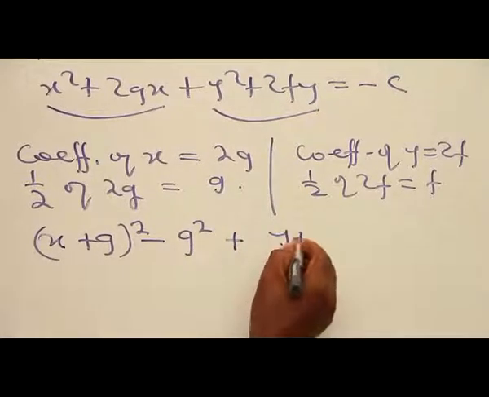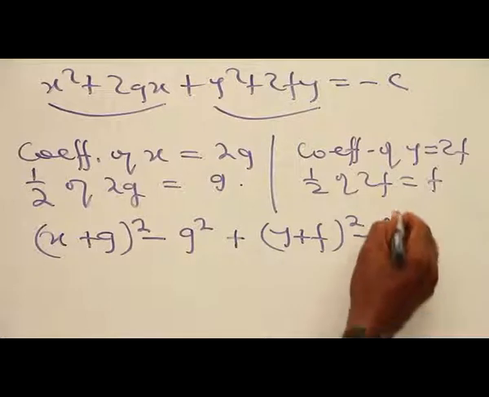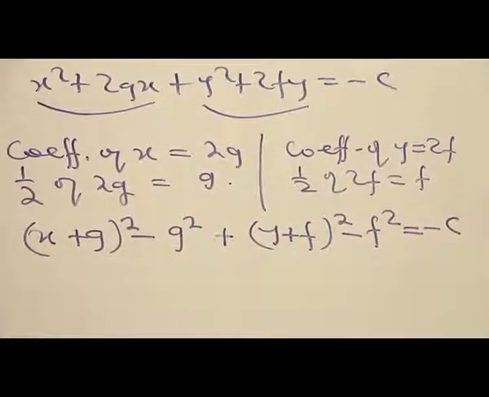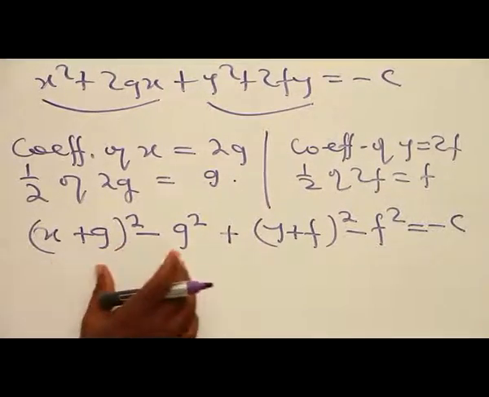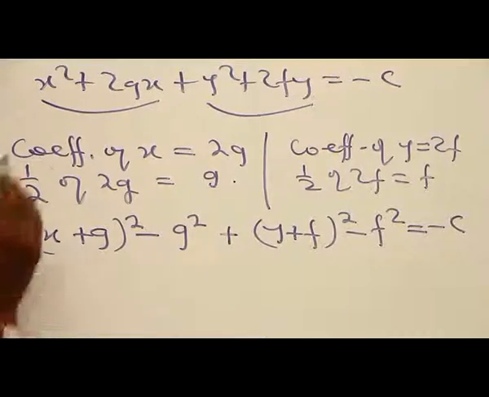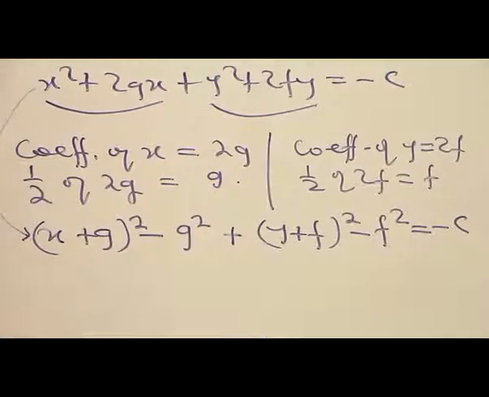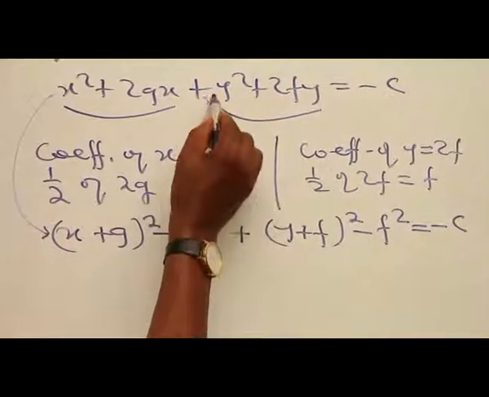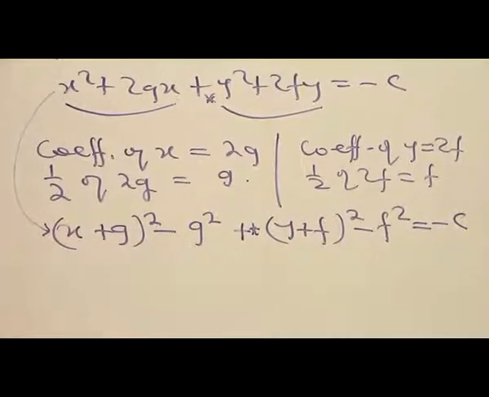So we now have Y plus F all squared minus F squared, everything equal to minus C. If you expand this and simplify, you will get back the original term, which is this term. If you do the same thing to this one, you will get back this other term, which is also here. So this is the completing the square method.